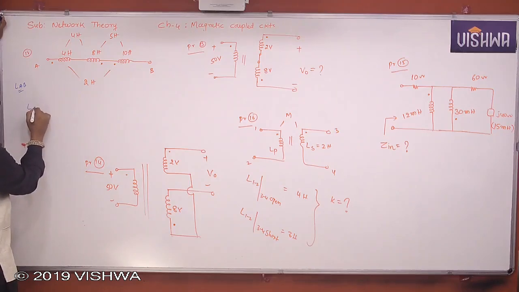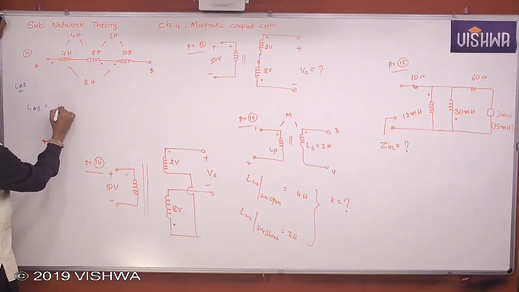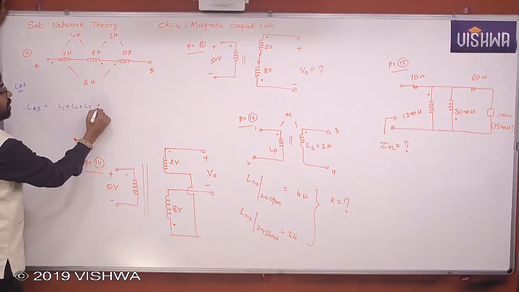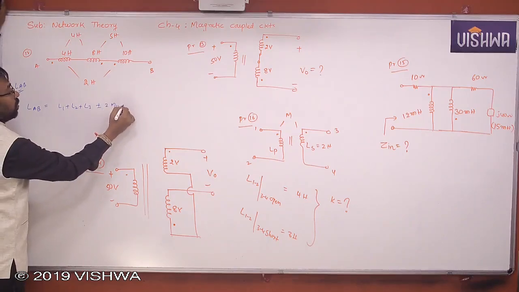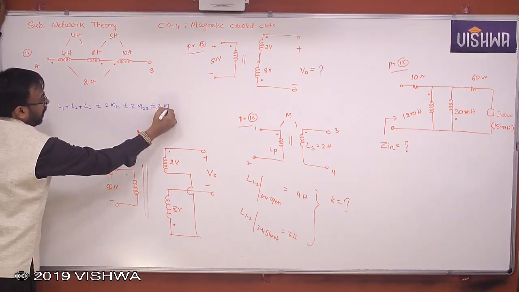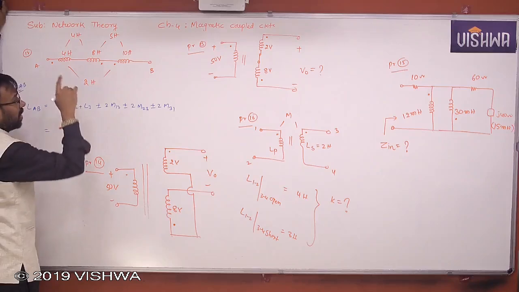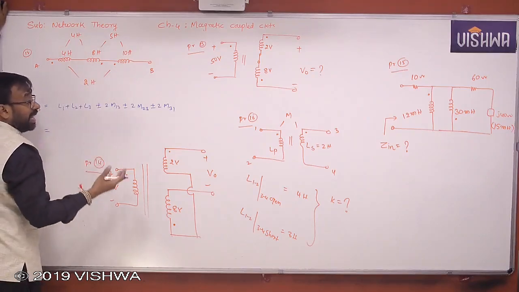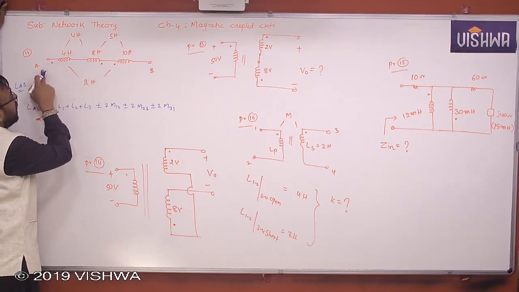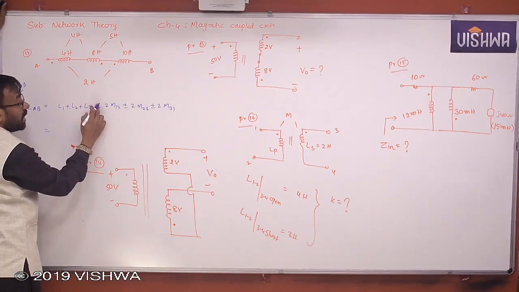Similarly, when n number of coils are connected, or 3 or 4, you use the formula L1 plus L2 plus L3 plus or minus 2 M12 plus or minus 2 M23 plus or minus 2 M31. The plus or minus is decided by whether they are connected in flux aiding or flux opposing. Now for 1, 2, current is entering here and leaving there, flux opposing case. Therefore for 1, 2 a minus sign will come.